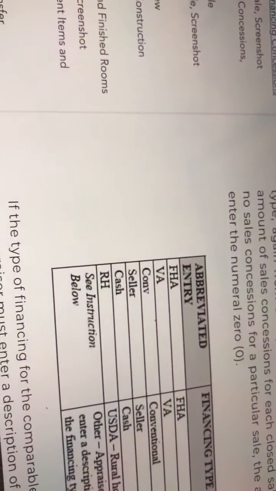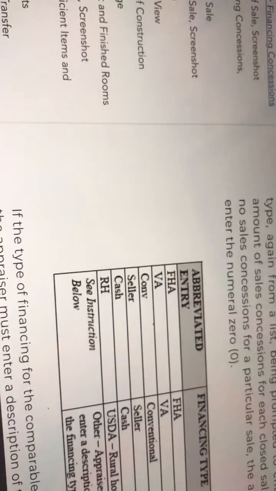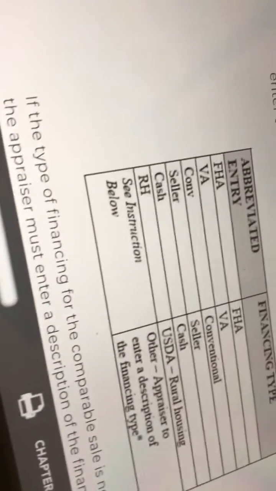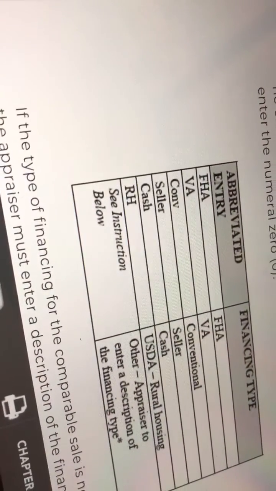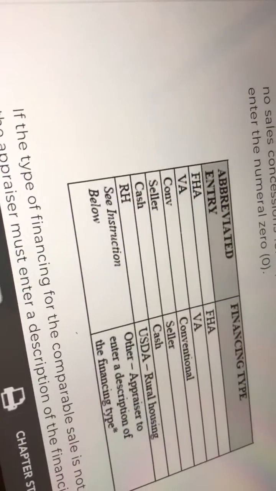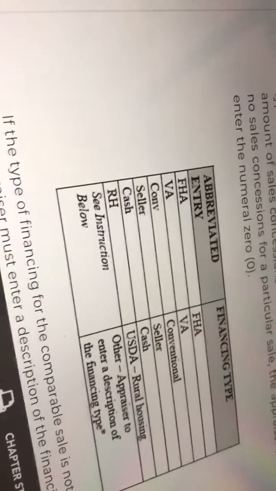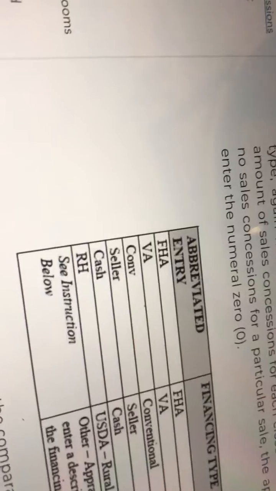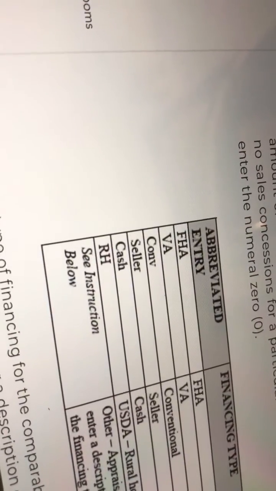Abbreviated entry, CONV. Financing type, conventional. Abbreviated entry, seller. Financing type, seller. Abbreviated entry, cash.